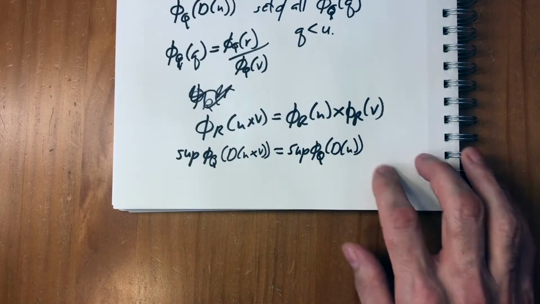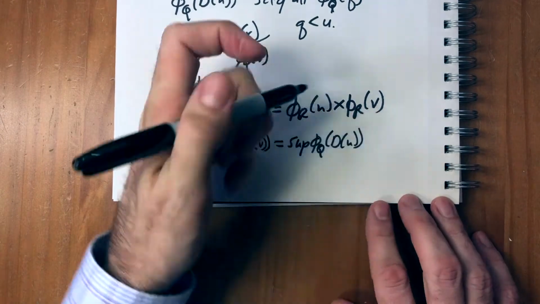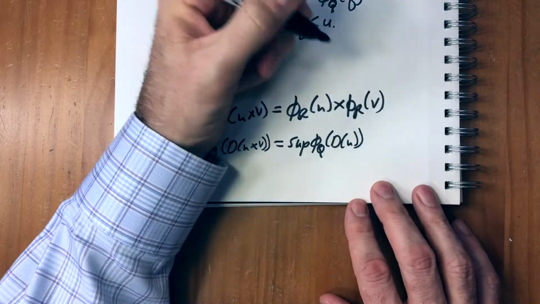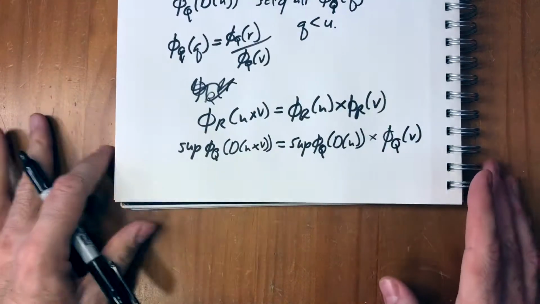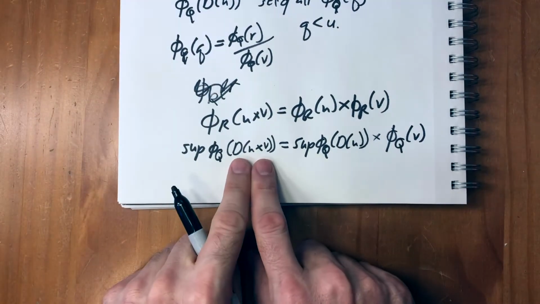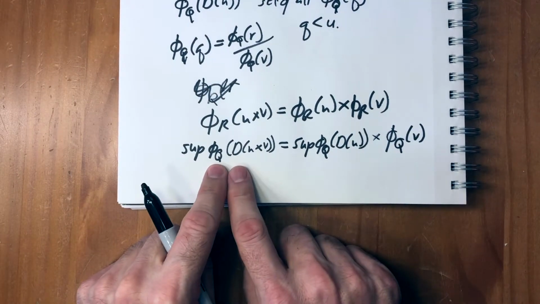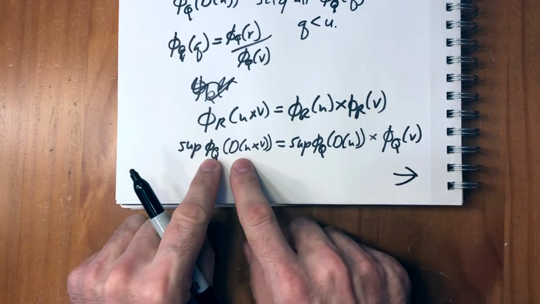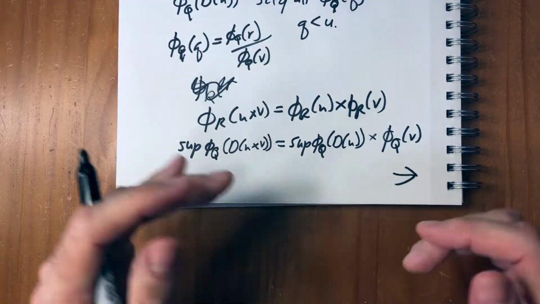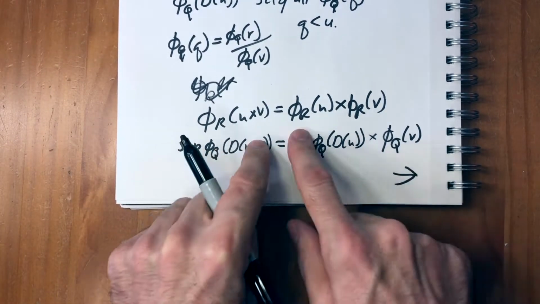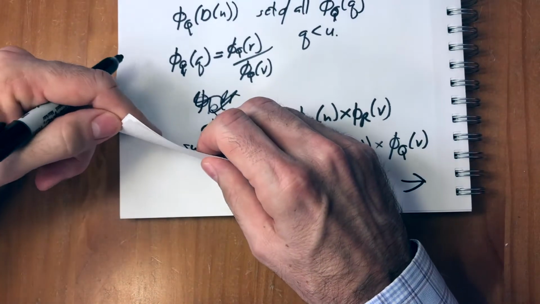Using P3, since v is rational, φ_R of v equals φ_Q of v. So with what we've done so far, we have rewritten the problem in terms of φ_Q. We now have some information about these sets, which should allow us to prove this statement. Next page.